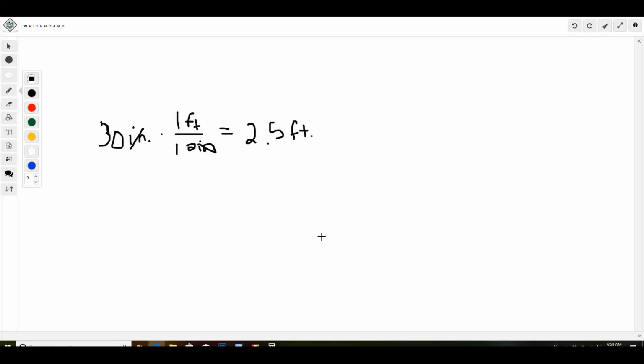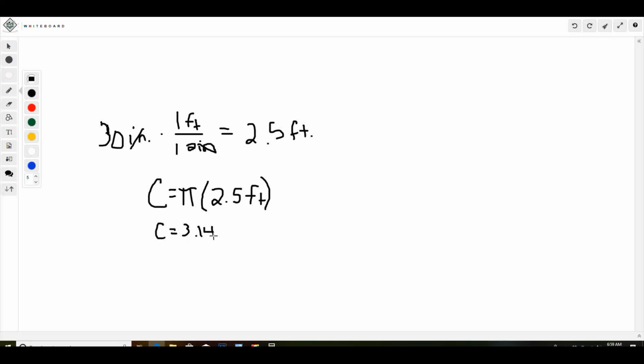So basically, you'd have to find the circumference of the circle, which is pi times diameter, which is 2.5 feet, because remember, it's actually 30 inches, but we've changed it to feet.